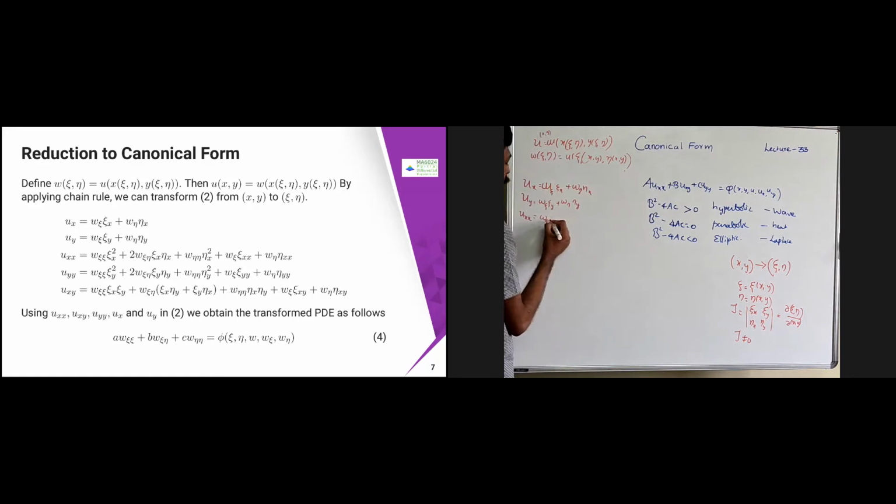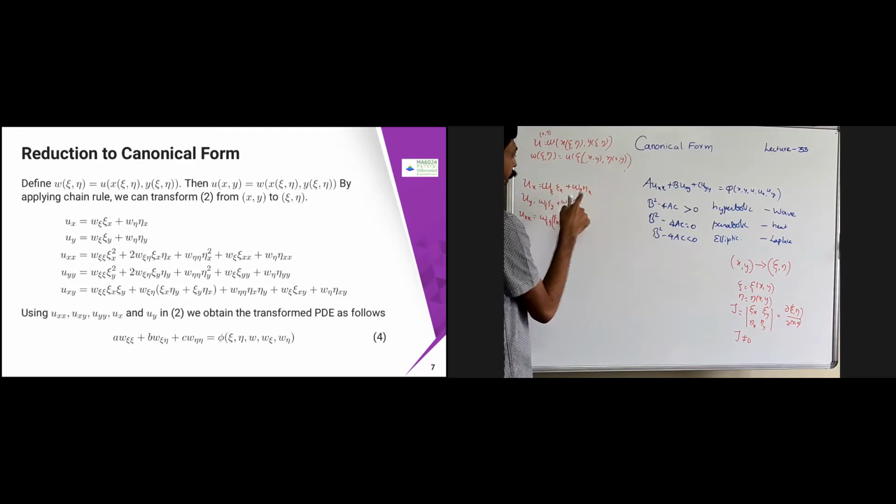So w chi chi times chi x whole square, plus I'm going to differentiate, chi is there, and I can differentiate with respect to eta again. So here one more eta will come. So w chi eta times eta x, chi x eta x will come. Similarly here, if I take with respect to chi, then there will be w eta chi times chi x and eta x. So I'm going to denote this as 2 times, I'm just assuming here the partial derivatives are continuous and exist.